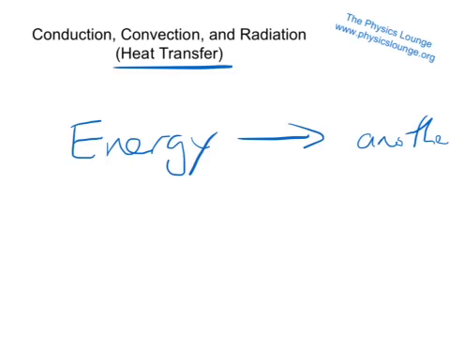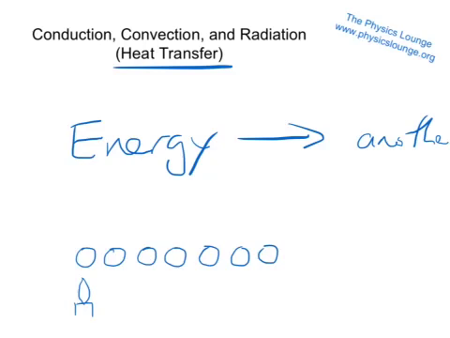Now this relies upon the kinetic theory of matter, where your particles, this might be a bar of metal with a whole bunch of particles inside it, and you apply a flame with some heat to one end. The kinetic theory of matter says that heat is really just kinetic energy of vibrating particles.